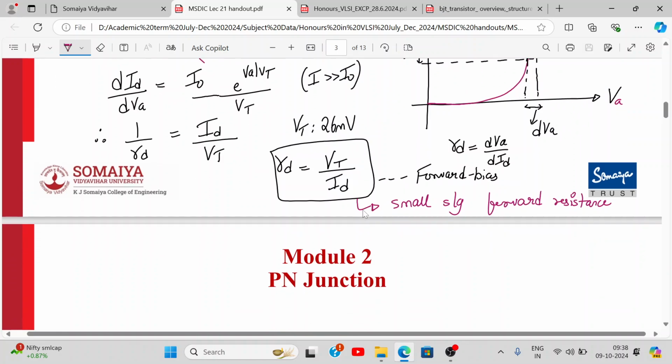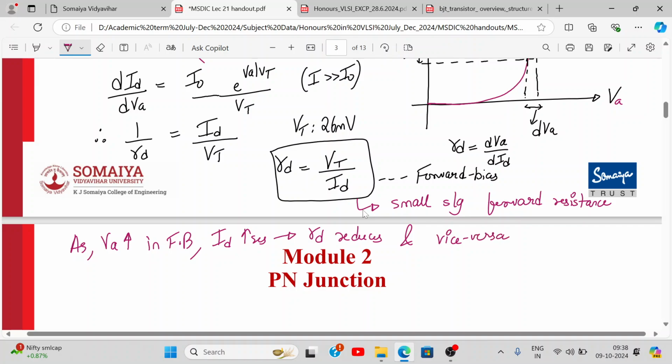What is the conclusion we draw here? As VA increases in forward bias, ID will increase, and as ID increases, the diffusion resistance reduces, and vice versa. That means if you decrease the forward applied voltage, current will decrease and resistance will increase.